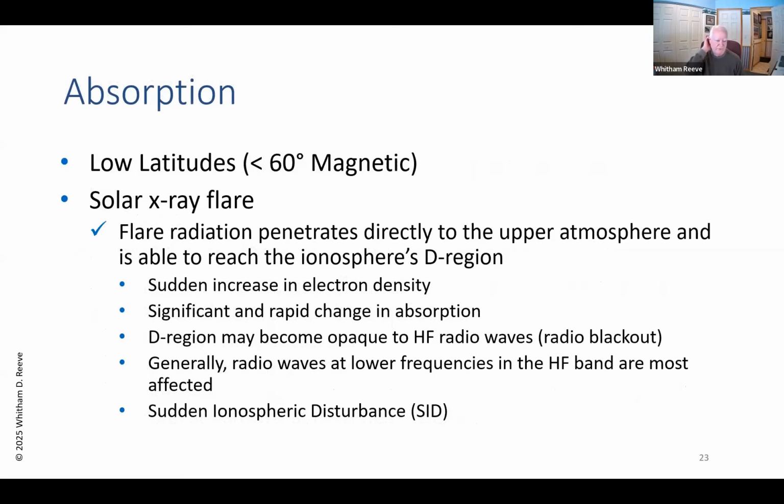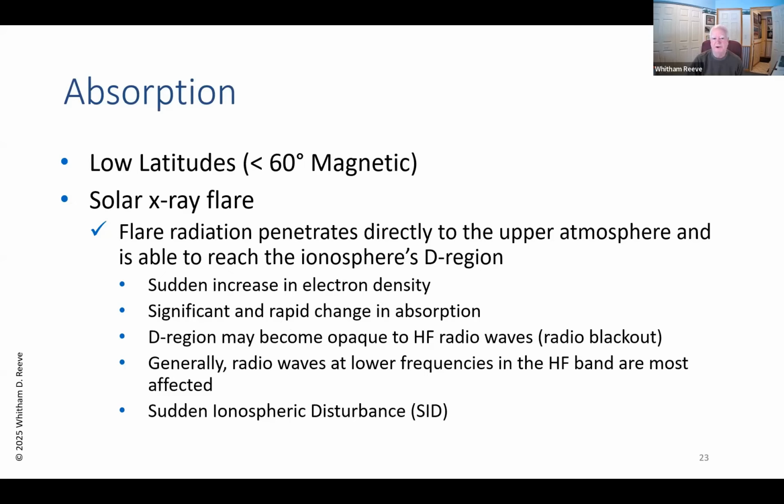Now, at low latitudes, the latitudes below 60 degrees magnetic, the solar flare is one of the primary agents of absorption. And so what we have from the solar flare is a sudden increase in electron density, and that causes a significant and rapid change in the absorption because now we have more electrons that have a higher probability of colliding with a neutral particle in the atmosphere.